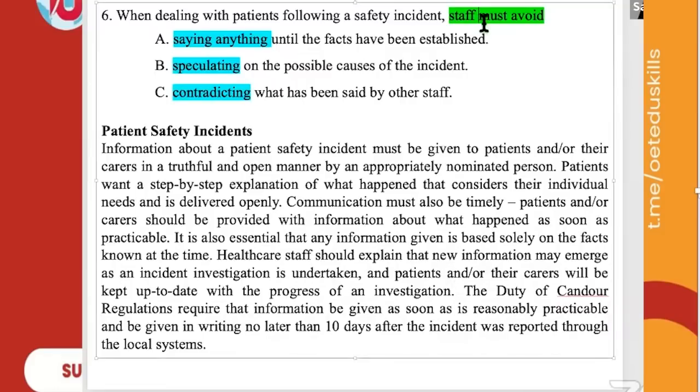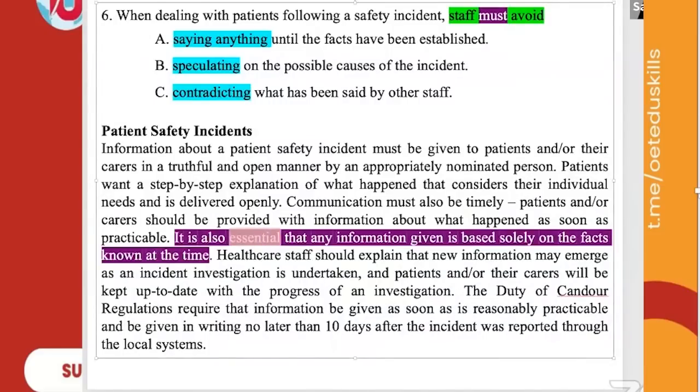See here, must is there. Do you have any synonym of must here in this sentence? Essential. Essential is the synonym of must.